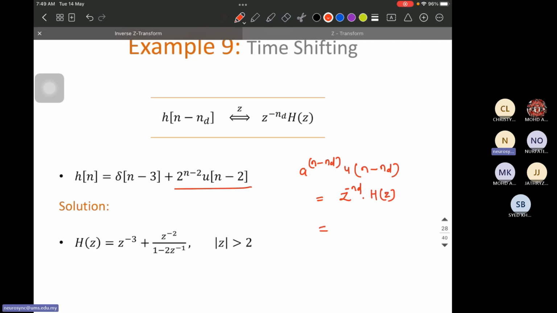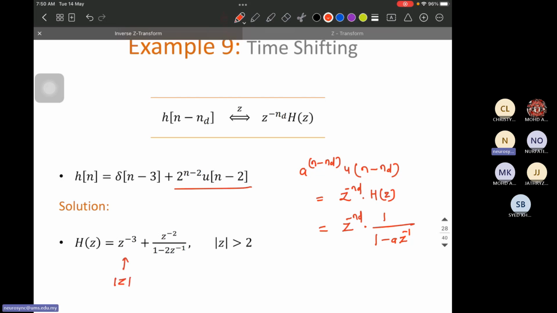And what is H of z? It is z to the power minus nd into 1 divided by 1 minus a z inverse. So this formula is applied here. Therefore it is z to the power minus 2 over 1 minus 2 z inverse. And this is again a right sided signal, therefore modulus of z is greater than 2. And what will be the ROC for this delta function?